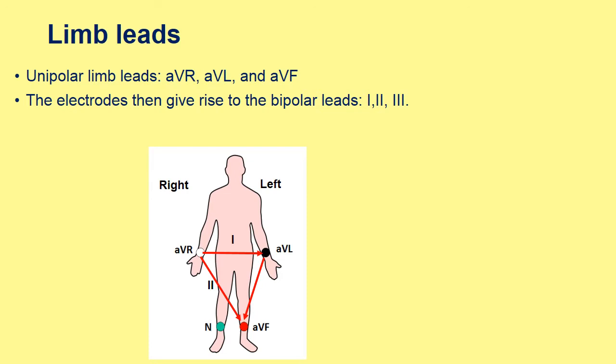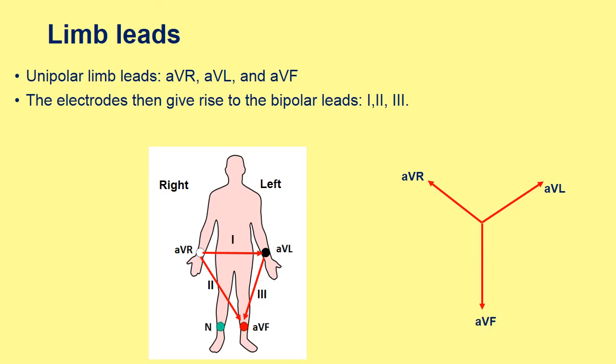This is the Einthoven triangle, but generally I prefer just drawing out my leads like this. So I draw a Y shape. So draw Y, AVR is on the right, AVL is on the left, and AVF is at the bottom. So that's a Y shape. Then add all my bipolar leads.